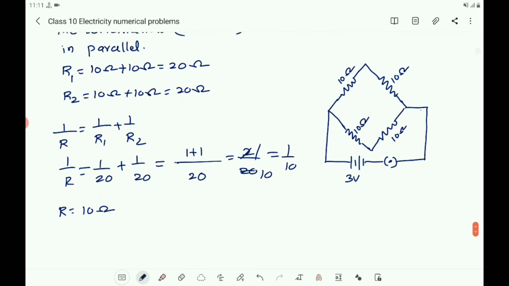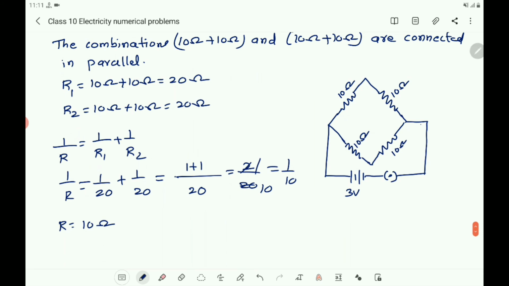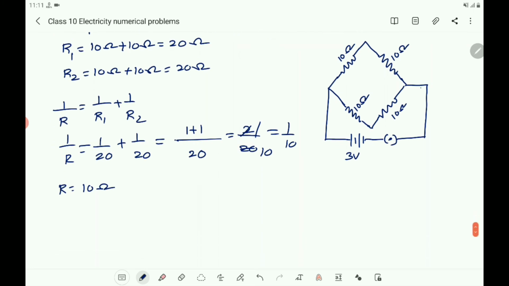Then what we have to find out? We have to find the current drawn from the battery. Here the potential difference is shown in the figure, and that potential difference is 3 volts. So you write V equals 3 volts and R equals 10 ohm. Then what you have to find out?